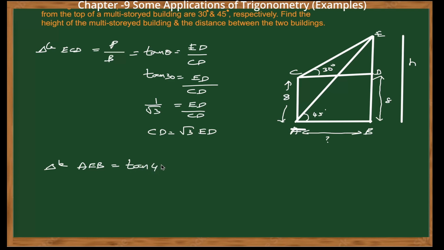So tan 45 is equal to the complete height, height divided by AB. Tan 45 is 1.